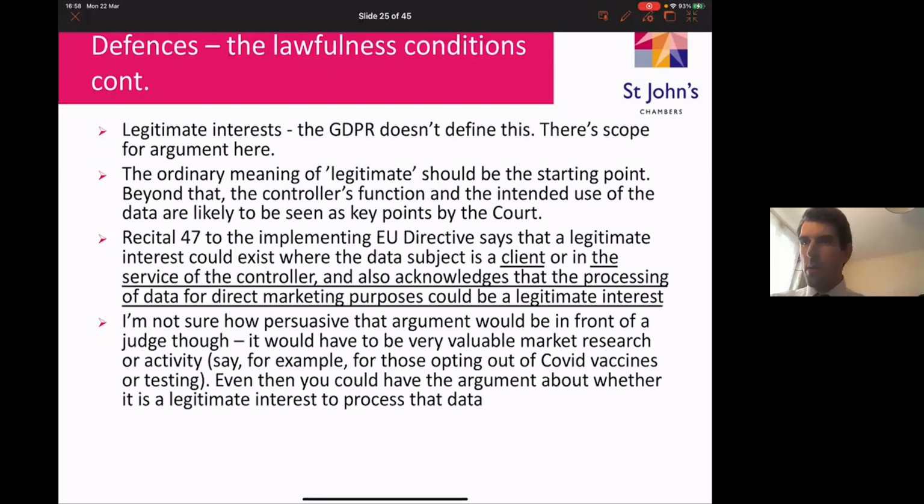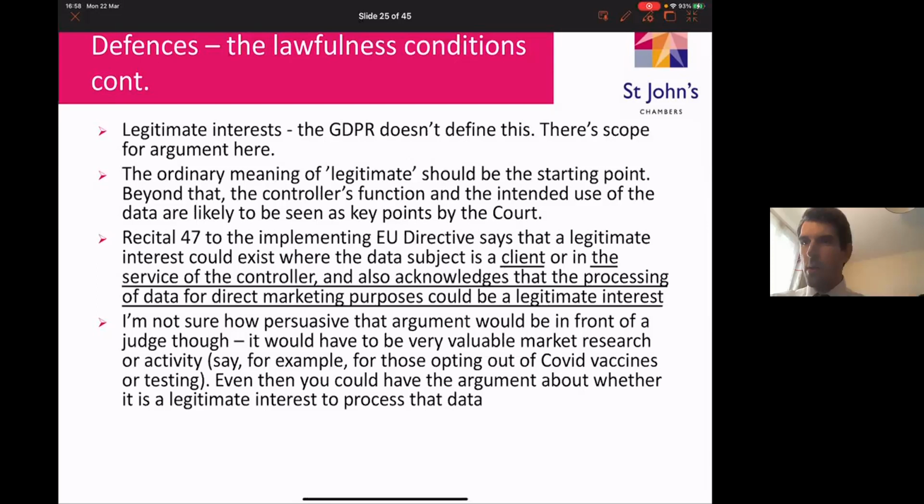Recital 47 to the implementing directive, as with vital interests, gives an example rather than a meaning, I should say, of legitimate interests, where the data subject is a client or in the service of the controller.